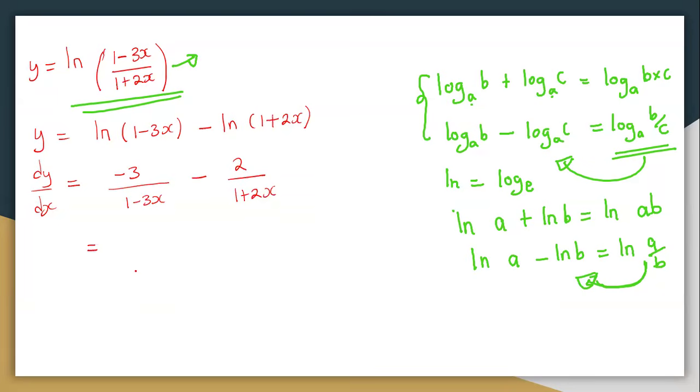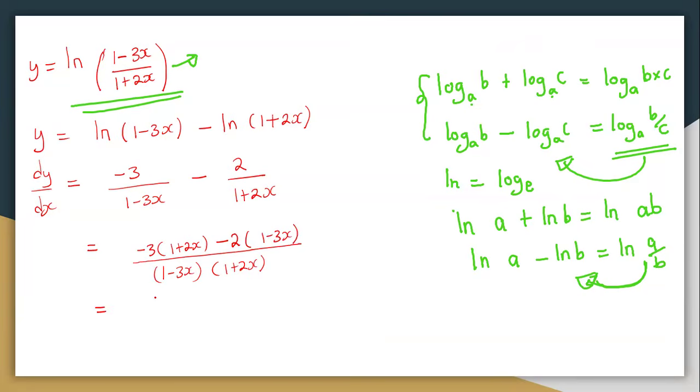So we can put everything over a common denominator, (1 minus 3x)(1 plus 2x). After that we have -3 multiplying the bracket of 1 plus 2x, minus 2 multiplying the bracket of 1 minus 3x.